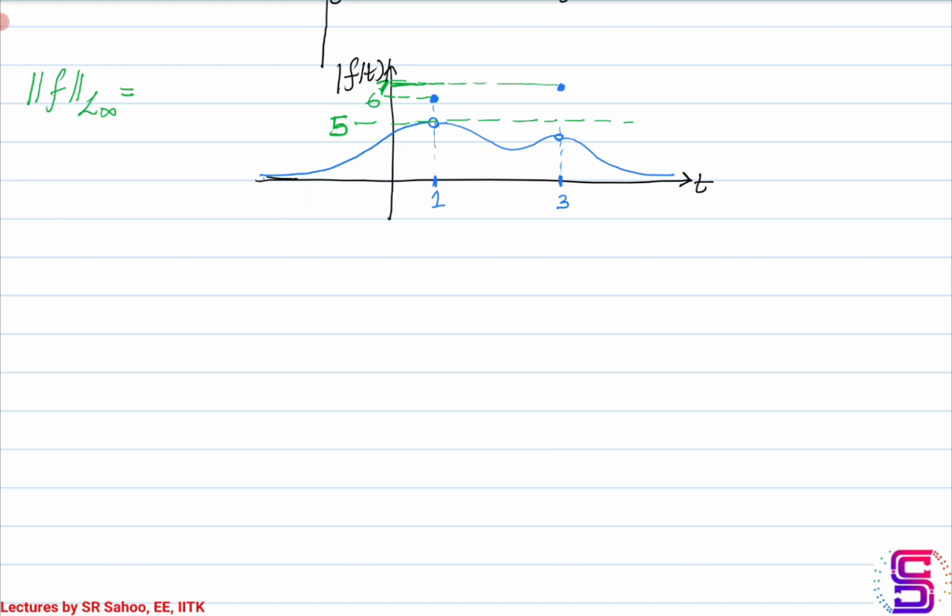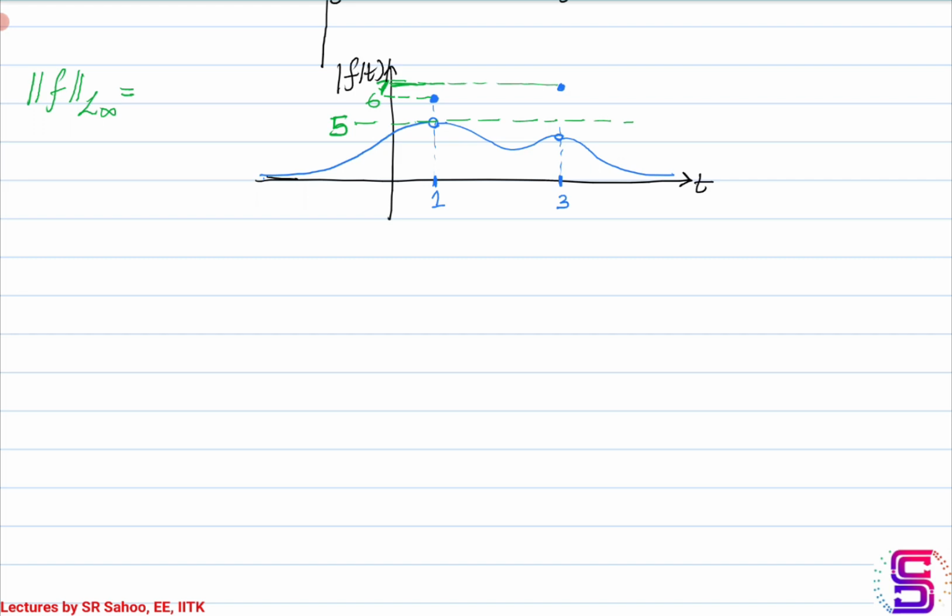But we are talking of essential supremum. So when we say essential supremum, it means that these jumps at a single instant of time do not mean anything for the calculation of the norm. Okay, because this L infinity norm can be derived from the general definition of the Lp norm that you had.